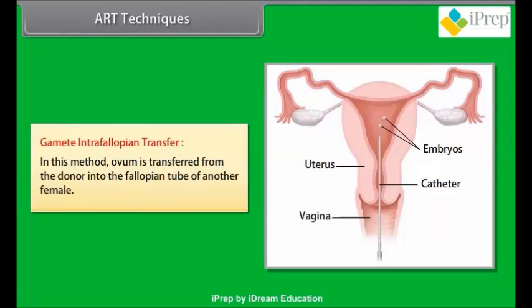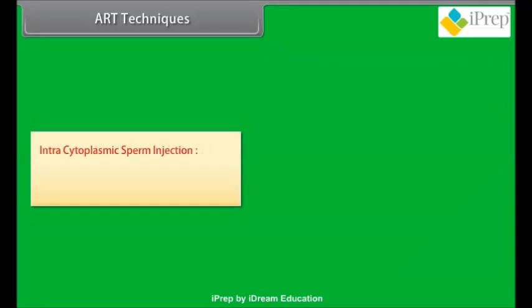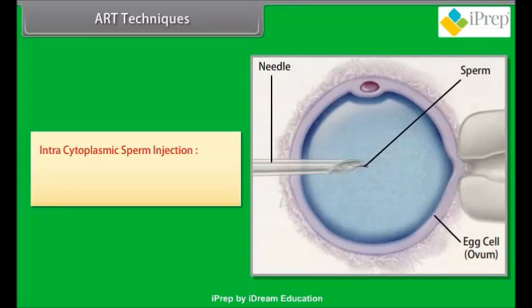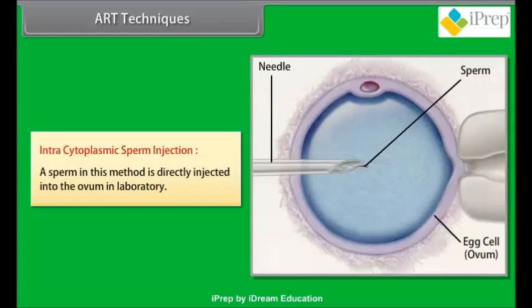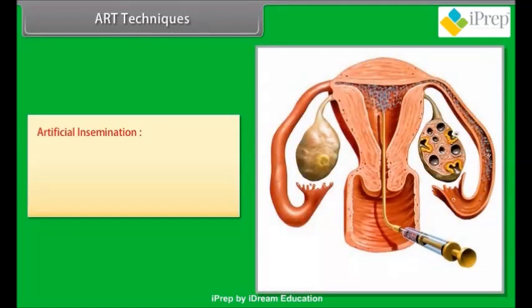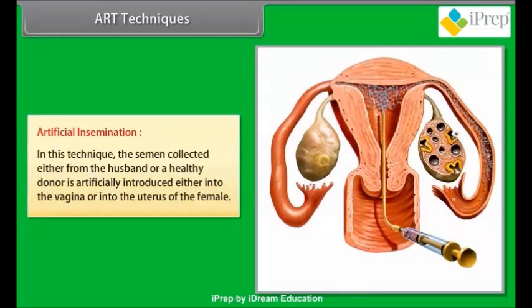In this method, ovum is transferred from the donor into the fallopian tube of another female. Intracytoplasmic sperm injection. A sperm in this method is directly injected into the ovum in the laboratory. Artificial insemination. In this technique, the sperm collected either from the husband or a healthy donor is artificially introduced either into the vagina or into the uterus of the female.